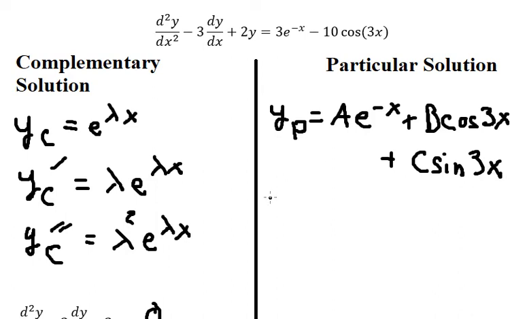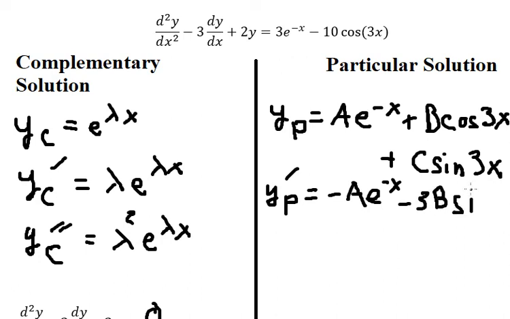Now if we do the first derivative of yb, we have negative a e to the power of negative s, negative 3b sine 3s, because the first derivative of cosine 3s is negative 3 sine 3s. And the last one, we have 3c cosine 3s.